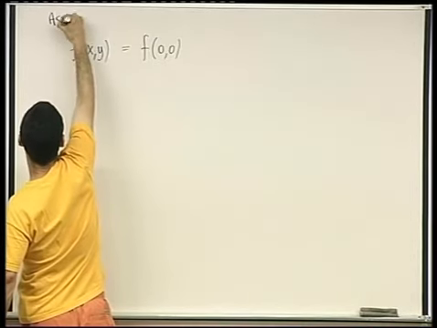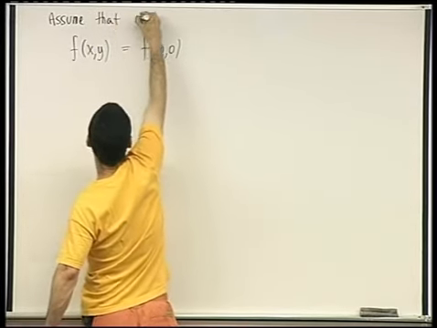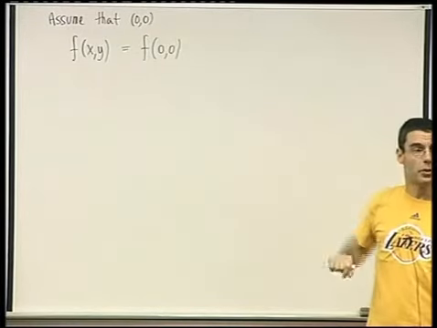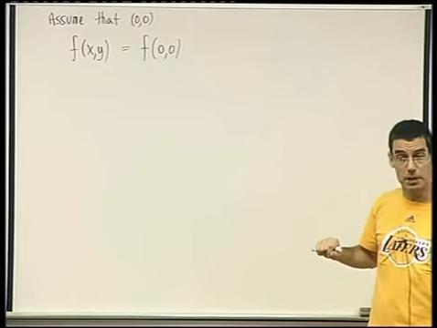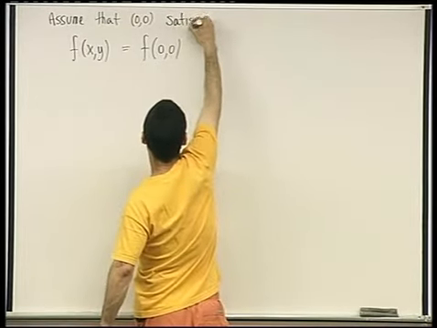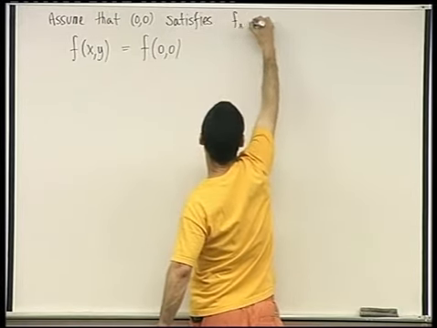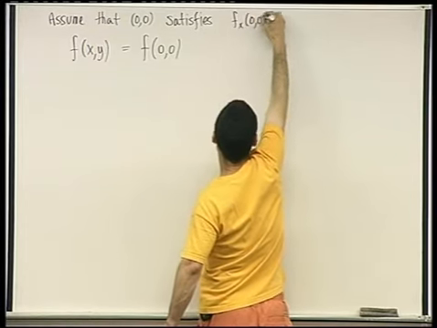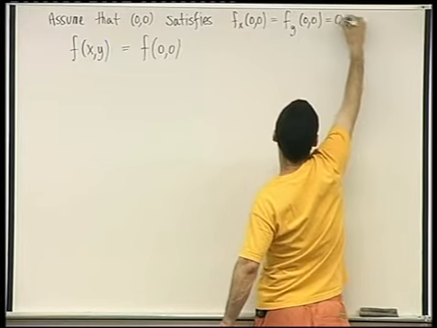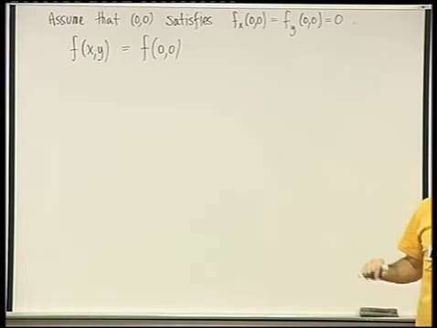Let's assume that 0, 0 was found to be one of those critical points, one of those candidates for being a minimum or maximum. Satisfies fx at 0, 0 equals fy at 0, 0 equals 0. So it's a candidate for being a minimum or a maximum.